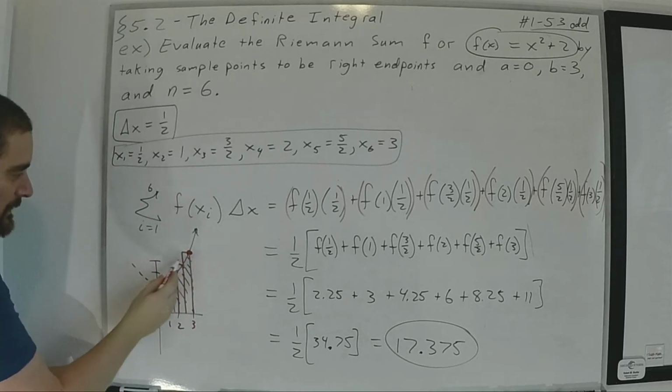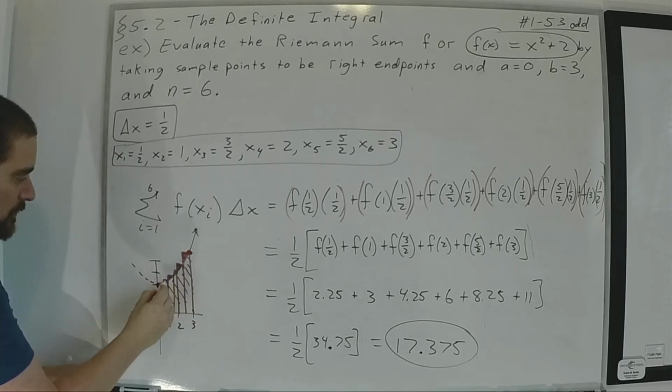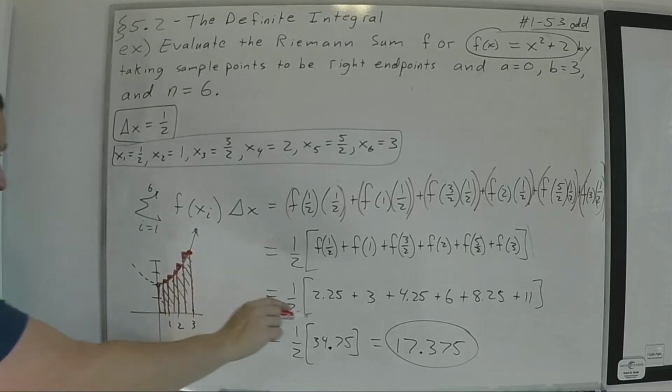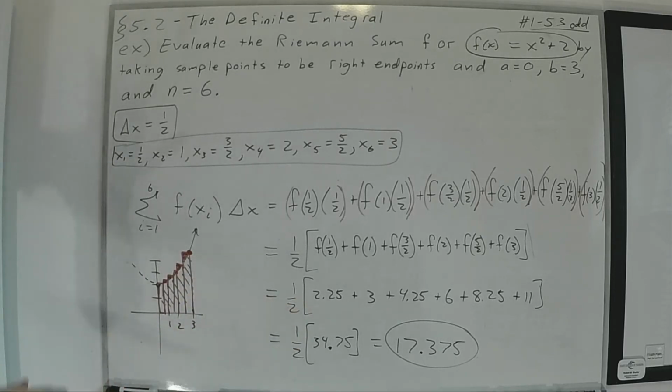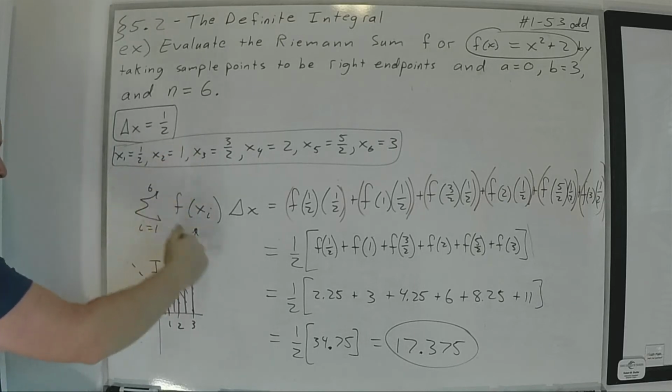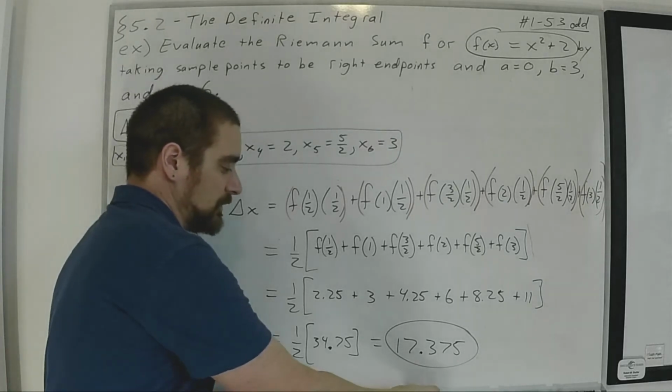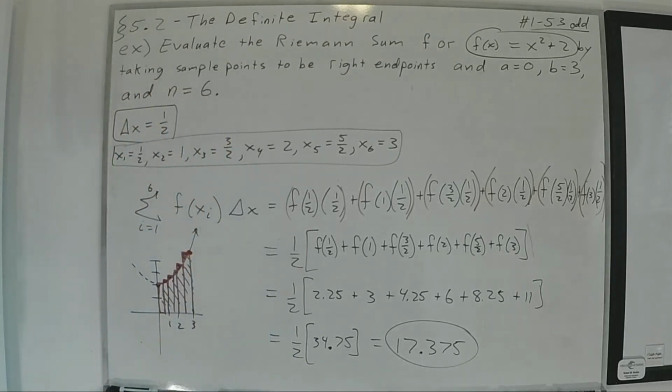When I use right endpoints, I'm getting some over approximation here, over approximation here, over approximation, and just barely a little over approximation. So that is an over approximation because I was using right endpoints on this increasing function. So my rectangles were a little bit taller than the actual curve itself. So when it comes to evaluating this, I'm getting a little bit of an over approximation.